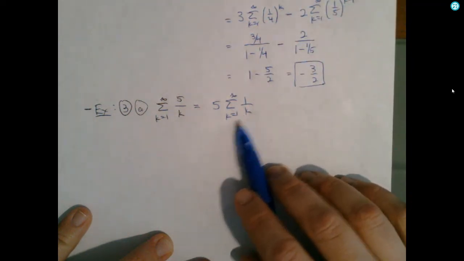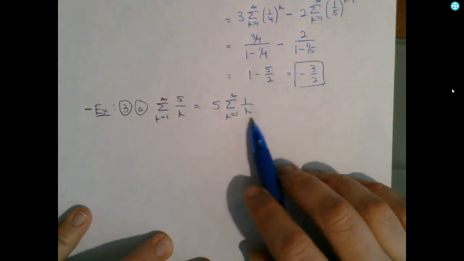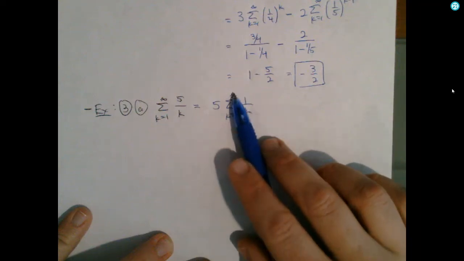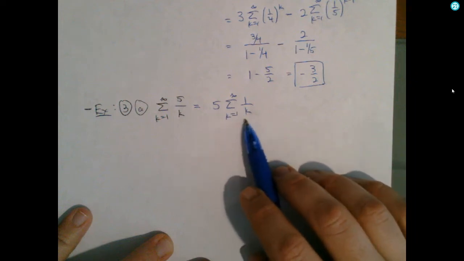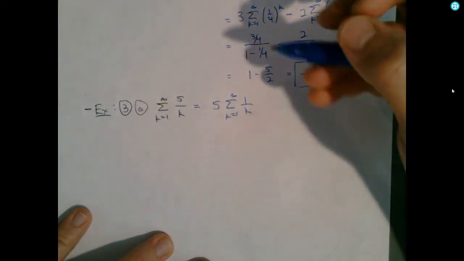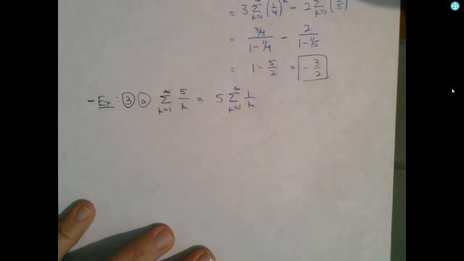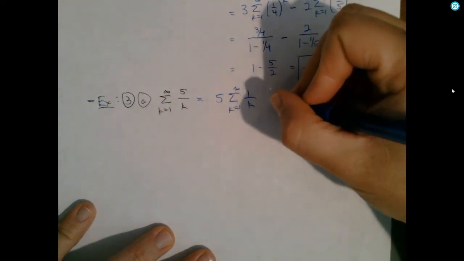I already know that 1 over k diverges. Okay, so the sum from k equals 1 to infinity of 1 over k diverges. So 5 times a divergent series is still going to be a divergent series, right?